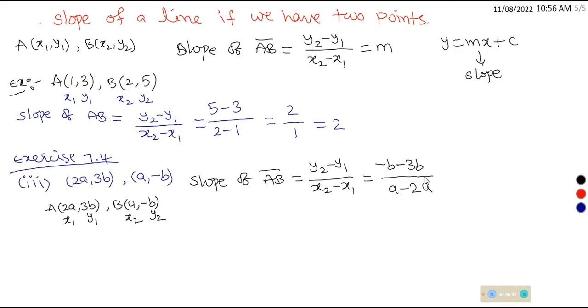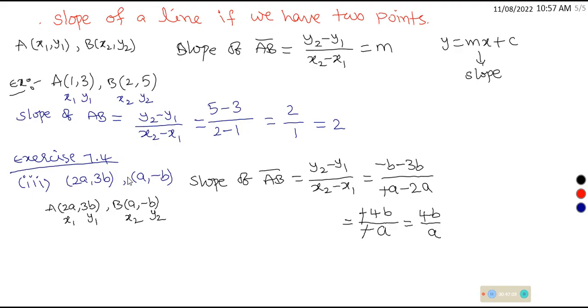Both minus means we should add, so minus b minus 3b will be minus 4b, divided by minus 2a plus a, which is minus a. The greater number has the negative symbol, so negative will come. The minus minus cancel, so 4b by a will be the slope of the given two points.